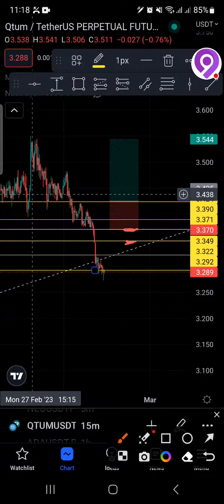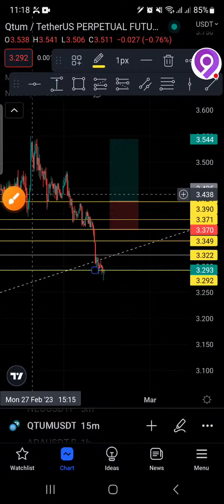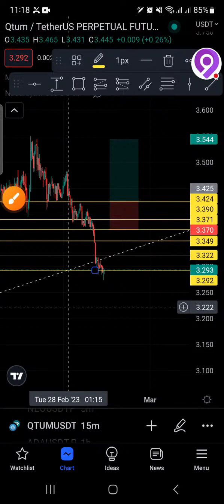And when it comes to dollar cost average, you can do it on a long term and on short term. It depends on you. Maybe you can use a higher time frame to do long term dollar cost average, and you can use your lower time frame to do your dollar cost average. Like just looking at this is the lower time frame.